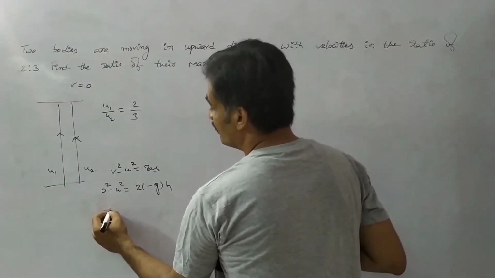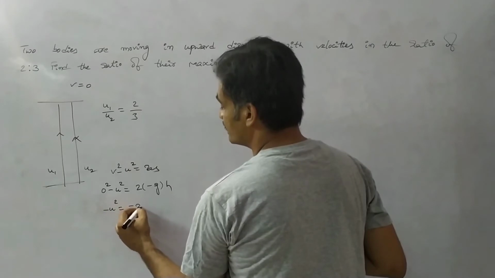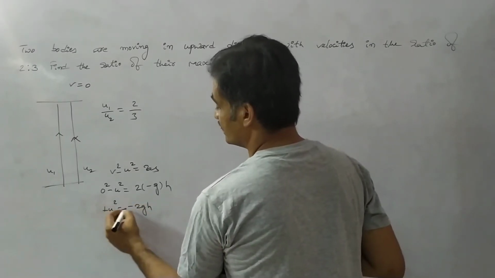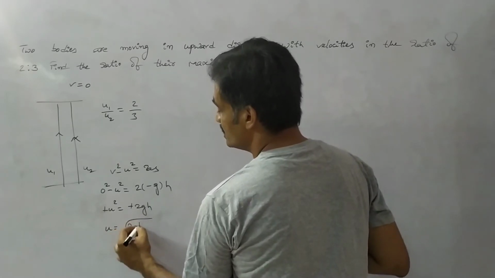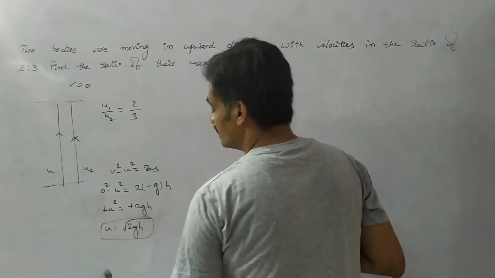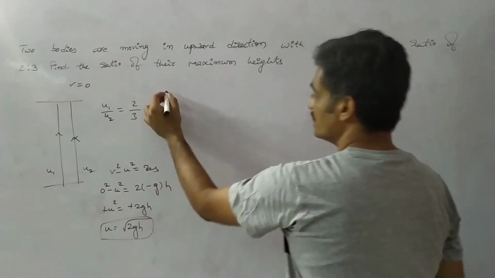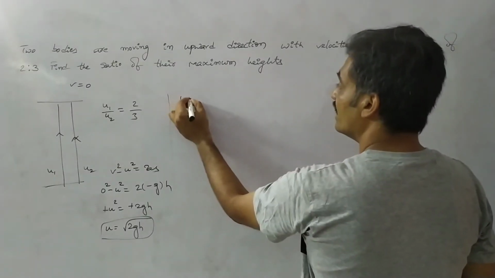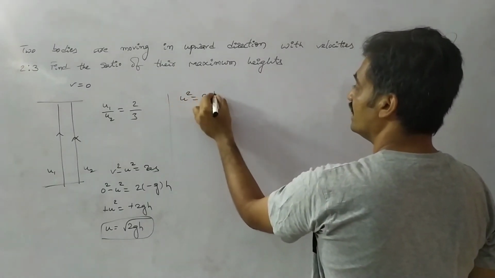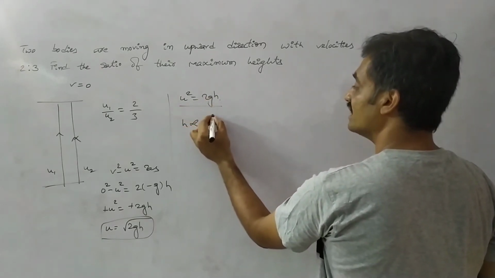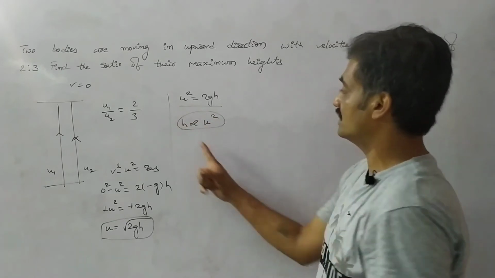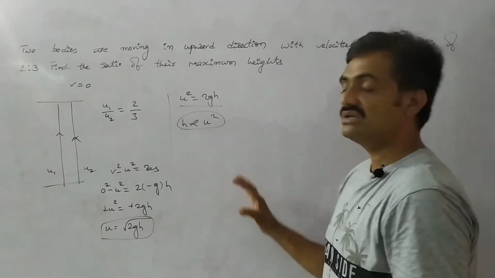So minus u square equals minus 2gh. Minus and minus get cancelled, so u square equals 2gh. Based on this equation, we can say that h is directly proportional to u square.